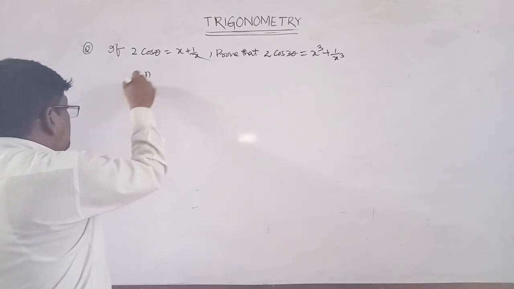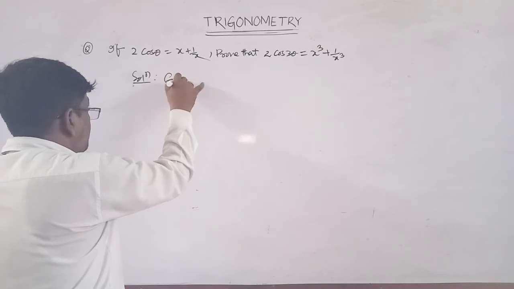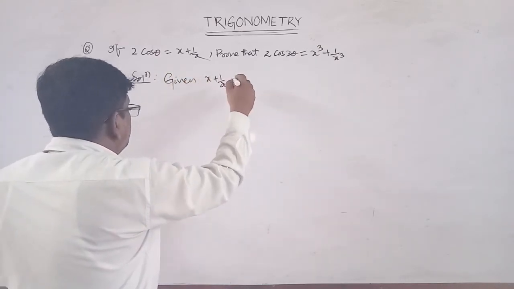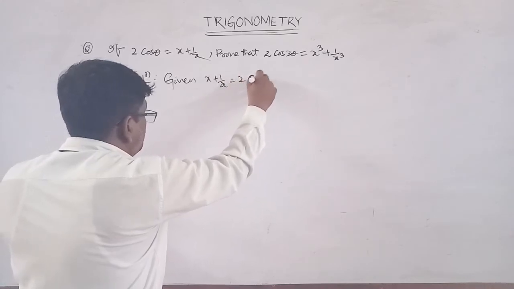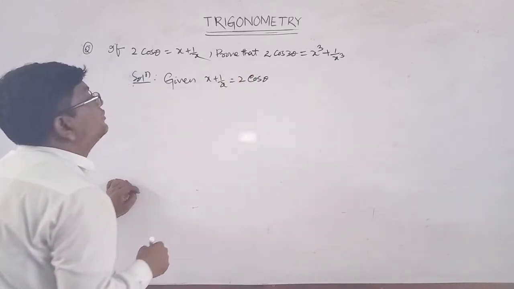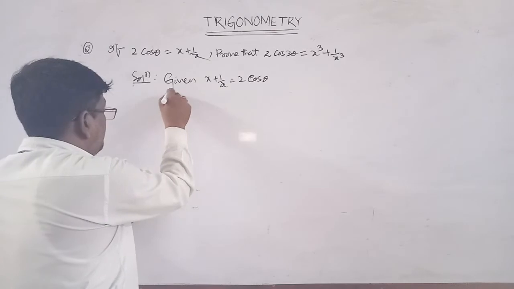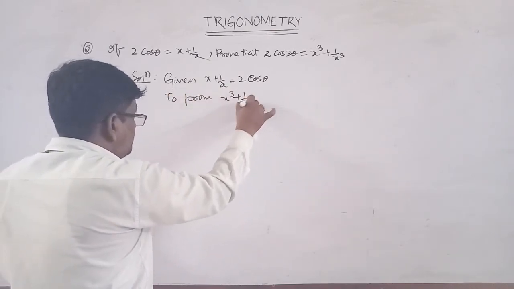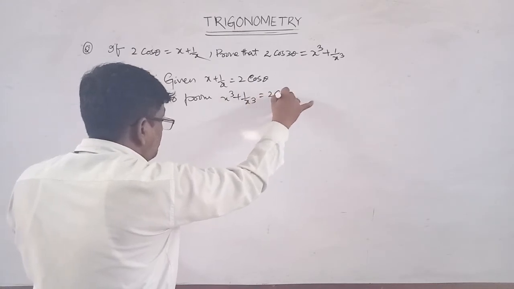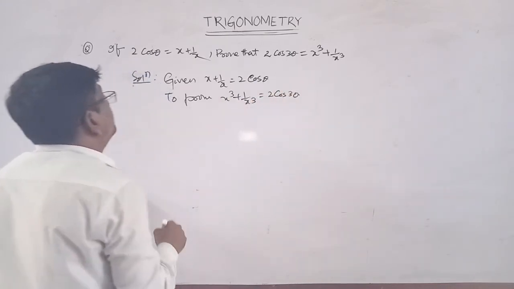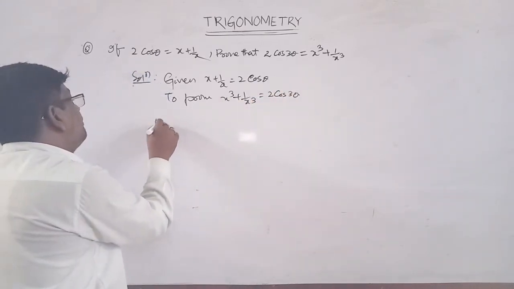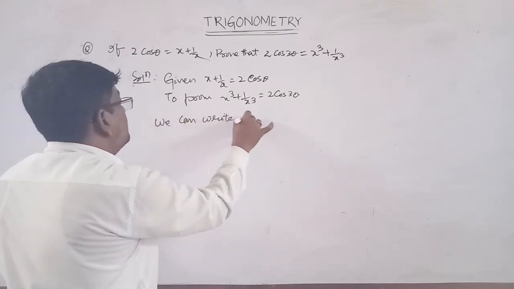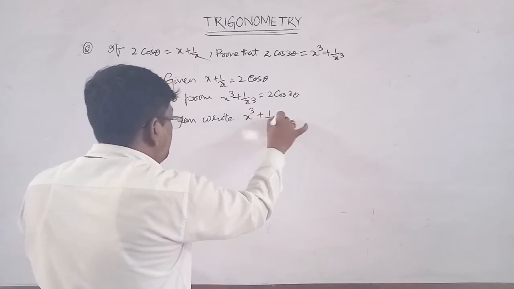Given x plus 1 by x is equal to 2 cos theta. To prove x cube plus 1 by x cube is equal to 2 cos 3 theta. Okay, we can write x cube plus 1 by x cube means what?